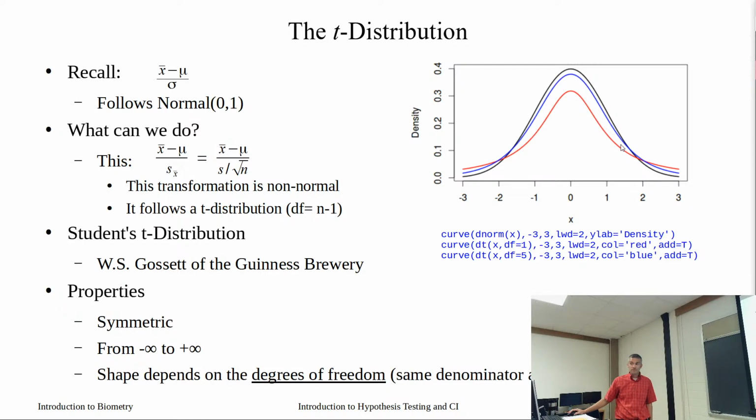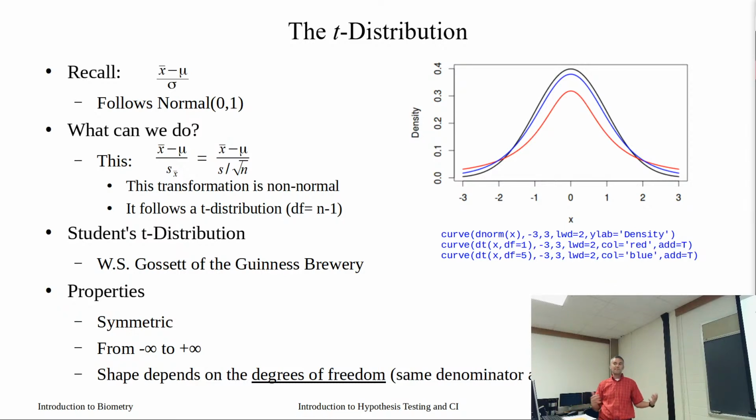It is a separate probability distribution. As we increase our degrees of freedom, we do get closer to the normal distribution, but we're not exact until we get to a large degrees of freedom. We still follow a t, but eventually our sample size gets so large that we can utilize the normal distribution as an approximation.